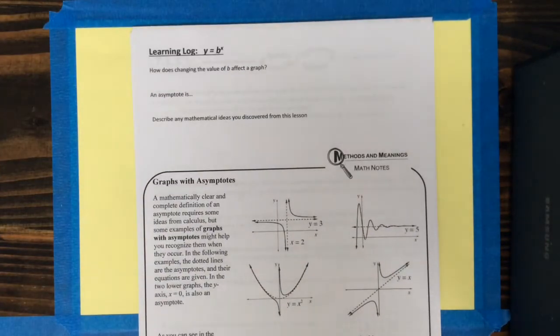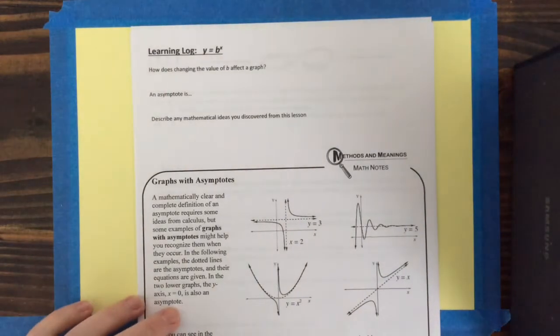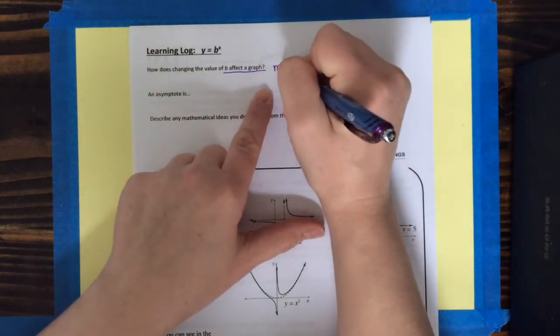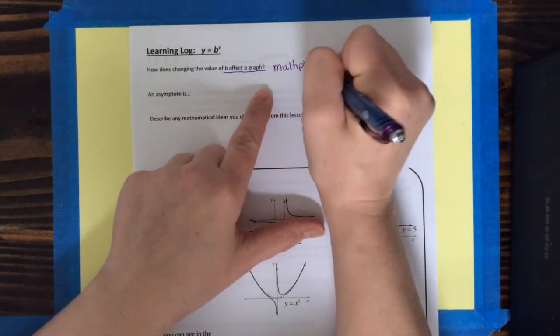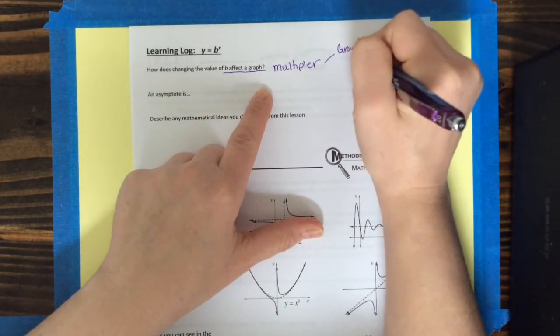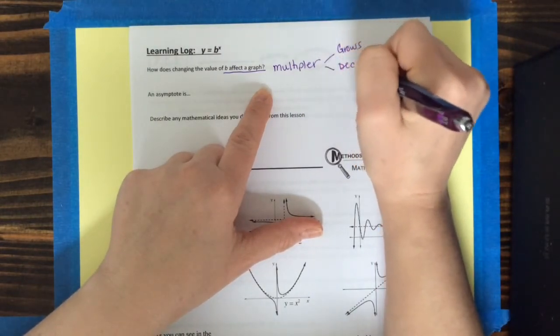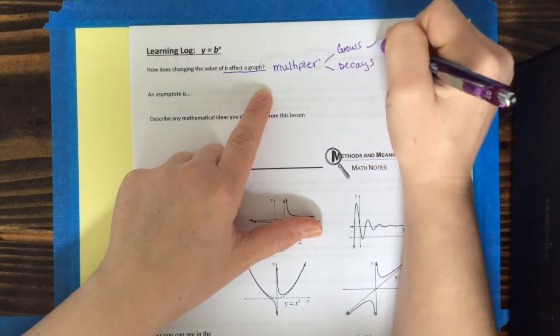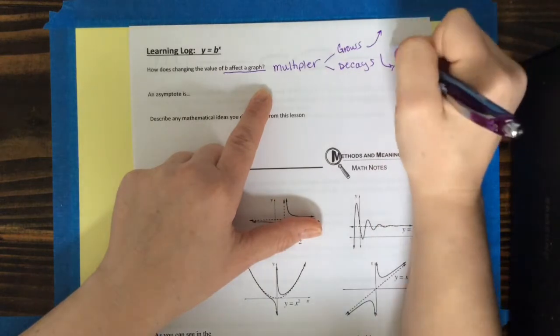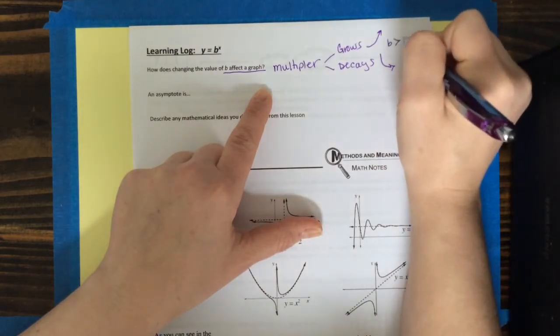So looking at the learning log here, how does changing the b value affect the graph? Well, that b value is your multiplier, and it will decide if it grows or decays. If it grows, the b value is greater than 1.